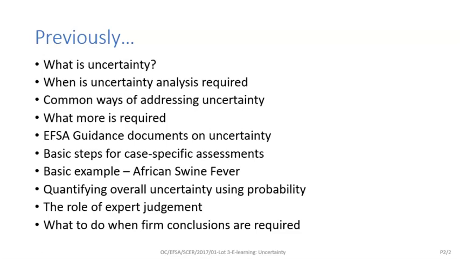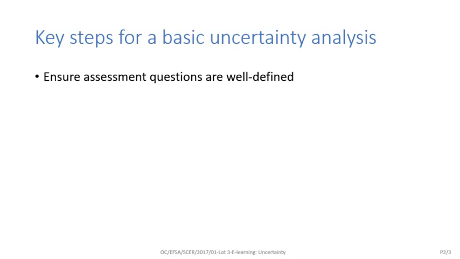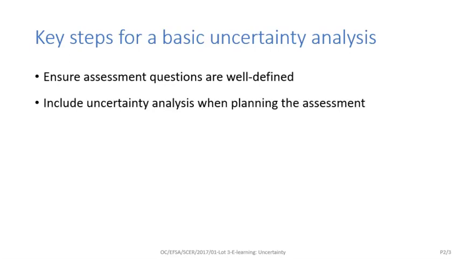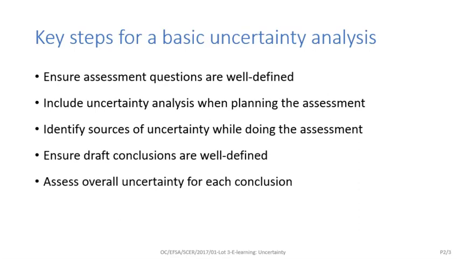on Campylobacter. The key steps for a basic uncertainty analysis are to ensure assessment questions are well defined, include uncertainty analysis when planning the assessment, identify sources of uncertainty while doing the assessment, ensure draft conclusions are well defined, assess overall uncertainty for each conclusion, and report methods and results appropriately.